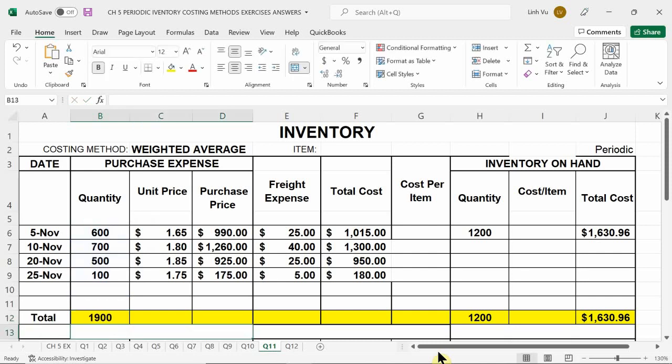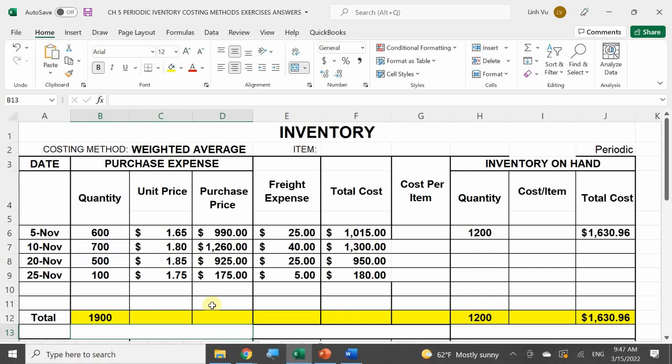Purchases. What is my total amount of items that I purchased? So 600 plus 700 is 1,300. Plus 600 is 1,900. Yes. No worries. So then in this case, what's my total purchases?